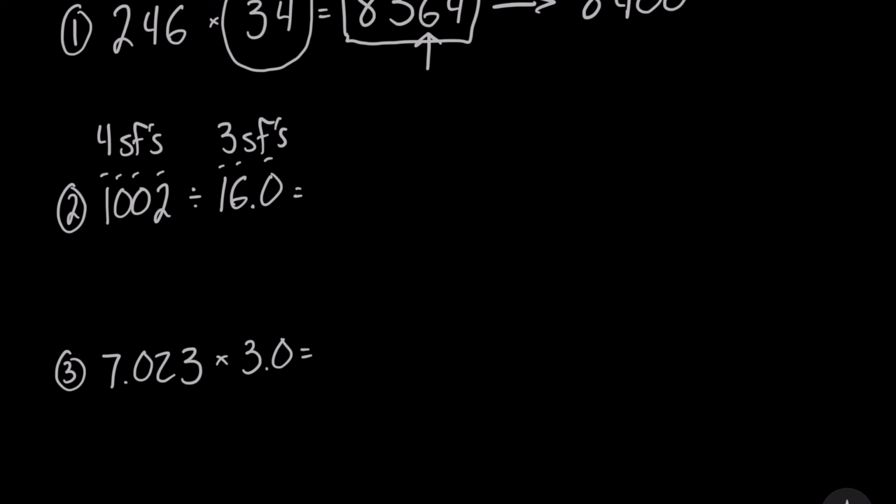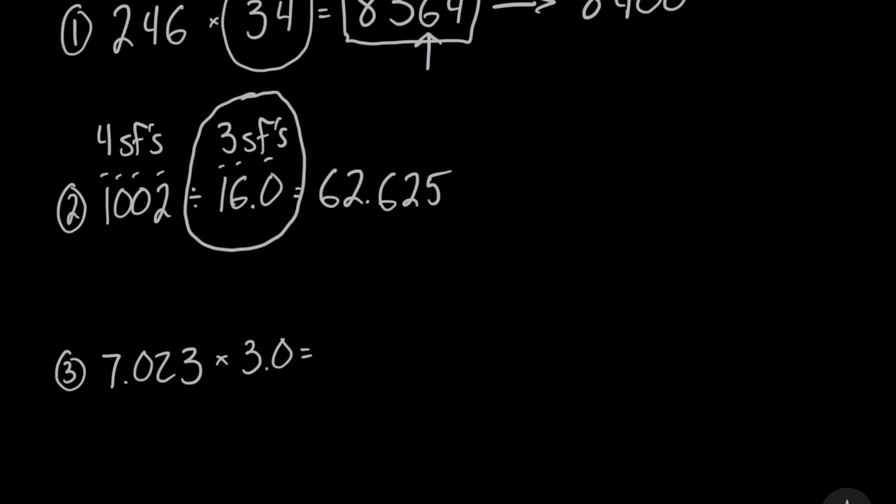If we type this into our calculator, you should get an answer of 62.625, but we know we can only keep 3 sigfigs since it's our least amount in our original question.